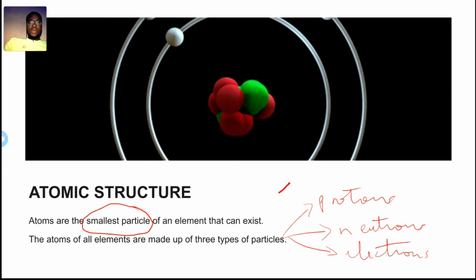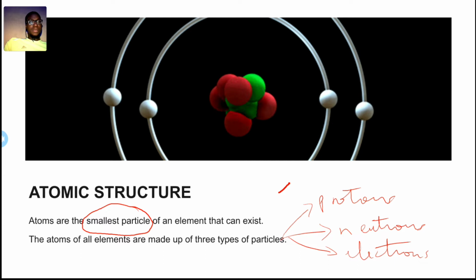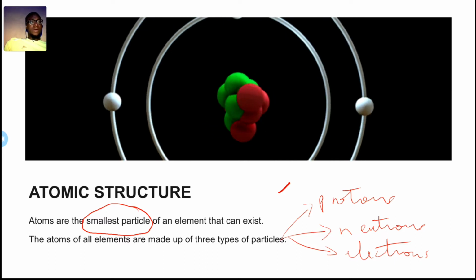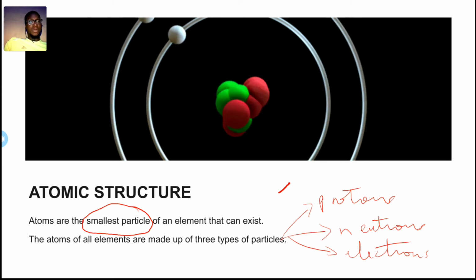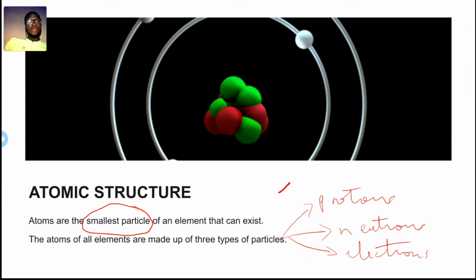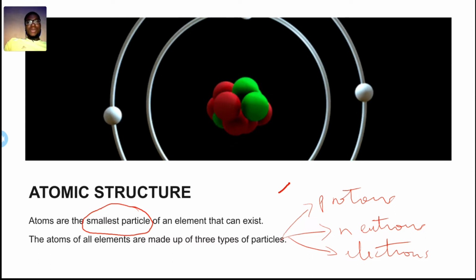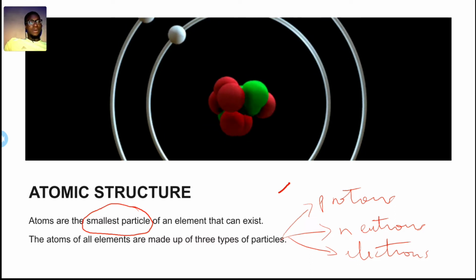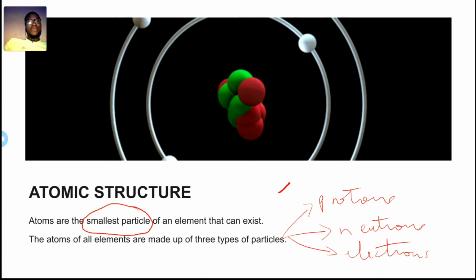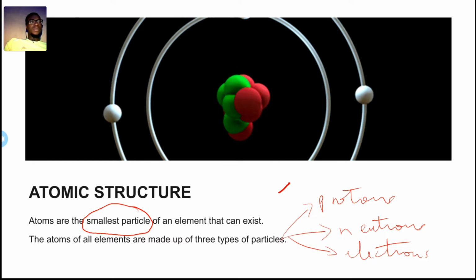The proton and the neutron, that's what you have in the nucleus. The huge mass of red balls and green balls, those are protons and neutrons in the nucleus. Then surrounding the nucleus in a cloud, that's where you have electrons hovering to and fro, revolving around the nucleus.